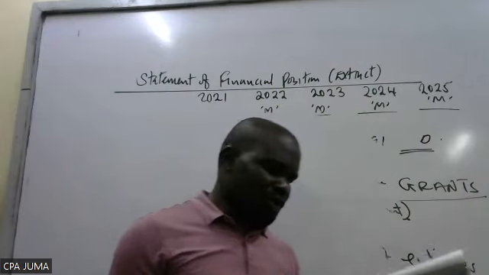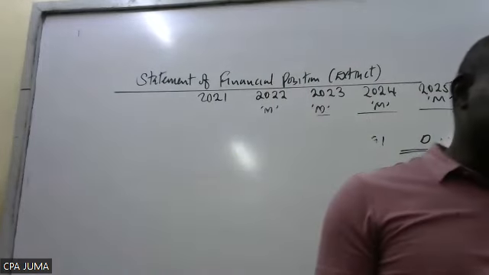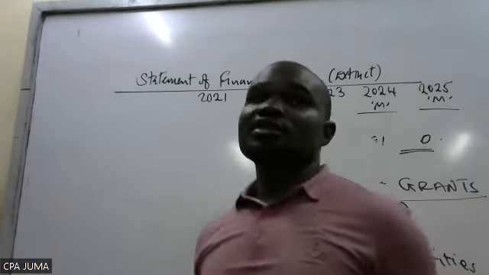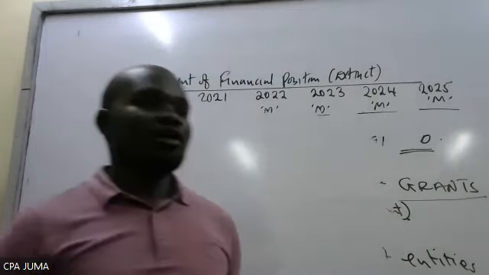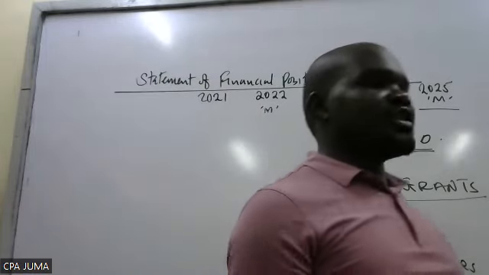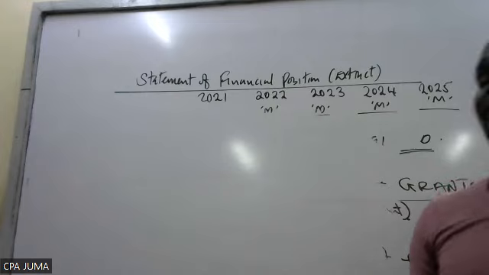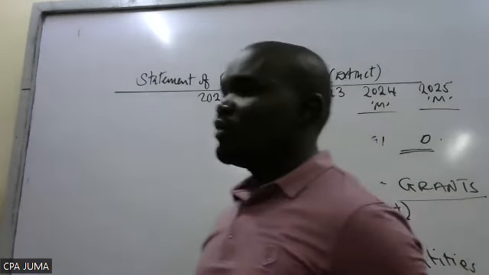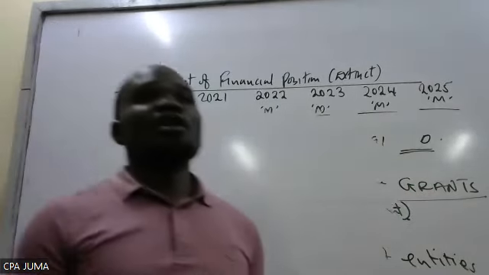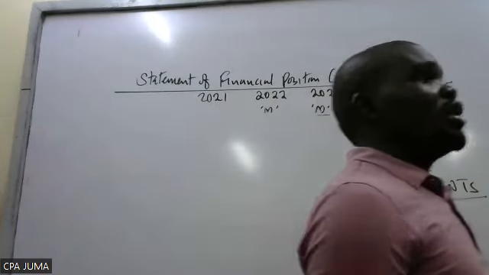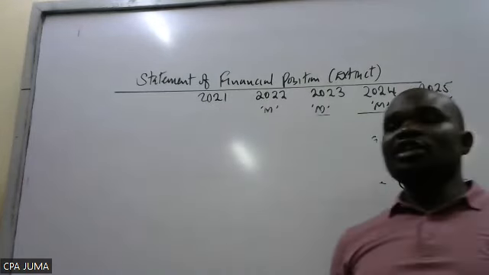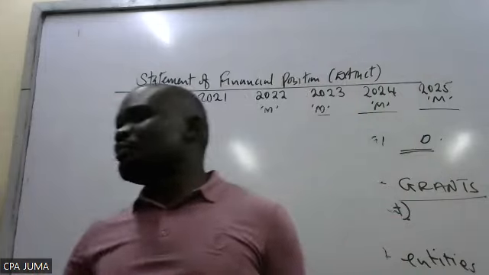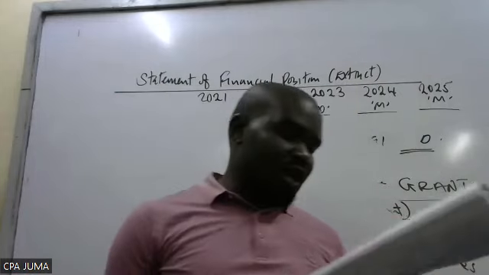Accruals. Number two, the nature and extent of the government grants. So for the nature and extent, you tell us whether it is a capital or income grant.